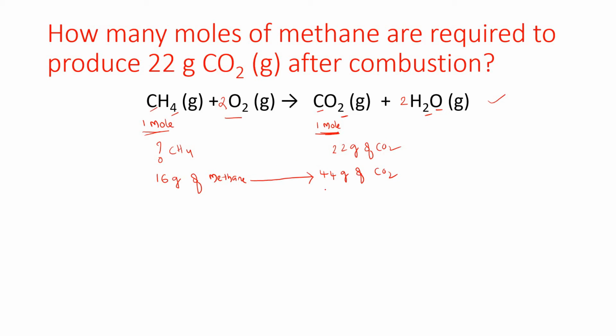Now what they are asking: if I get 22 grams of carbon dioxide, how much methane is actually utilized in the chemical reaction? Now do the calculation by cross multiplication.